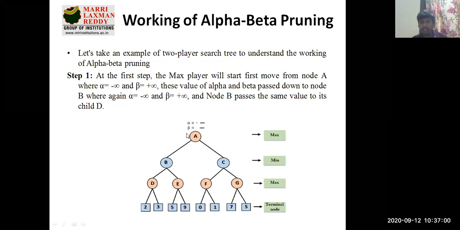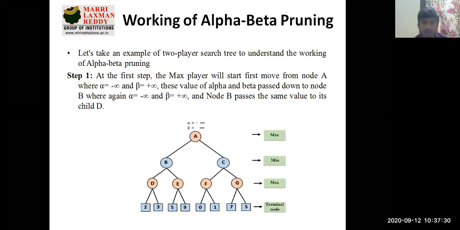Here you can see the initial conditions at the root node called A. The initial values are taken as alpha equal to minus infinity and beta equal to plus infinity. That is the initial condition of alpha beta pruning. Once we move forward, the alpha and beta values can change.